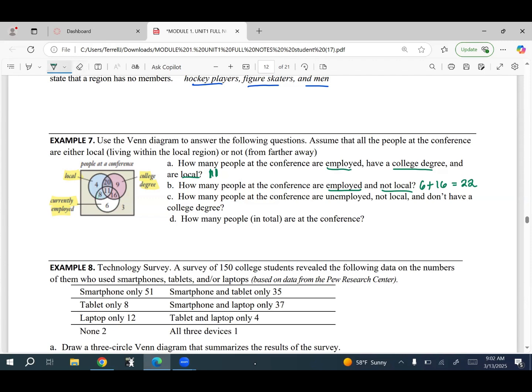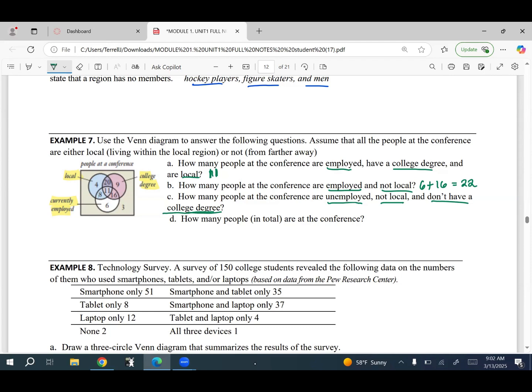How many people at the conference are unemployed, not local, and don't have a college degree? I underline so I'm clear on what we're being asked. 11 was all 3 in common, right? What we're being asked here is none of these 3 are overlapping now.